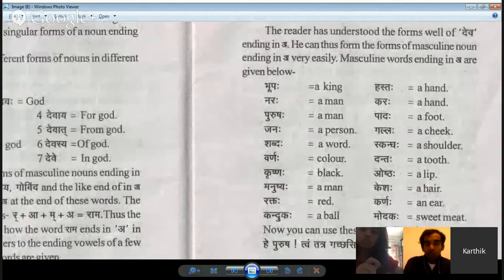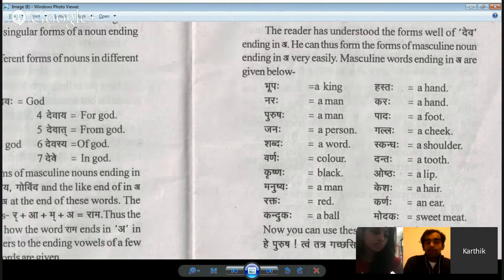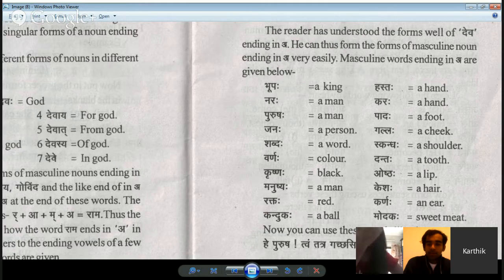Bhupaha. Bhupaha is a king. Naraha or Purushaha both mean a man. Janaha, a person. Shabdaha, a word. A lot of these you might know because of Hindi also. Then Varnaha, a color. Krishnaha actually means Krishna also. It can mean black color also. In that case, it's an adjective.